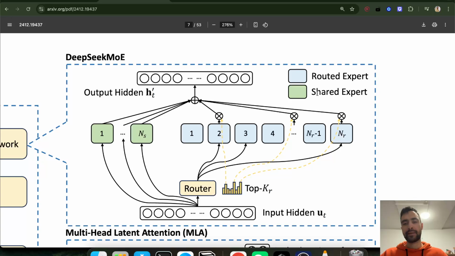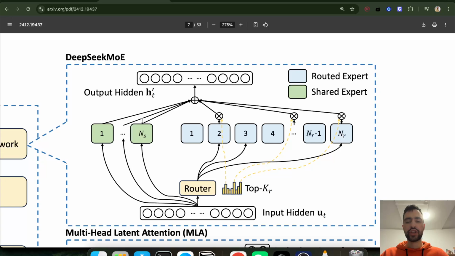Here you can see that we have some shared experts. Shared experts are always chosen. So the model pushes the embedding through shared experts always, and chooses some selected experts as well, depending on the task. The idea is that shared experts are going to learn knowledge that is always necessary to process language, no matter if it's mathematics, history, whatever, so that other experts don't need to learn redundant knowledge.